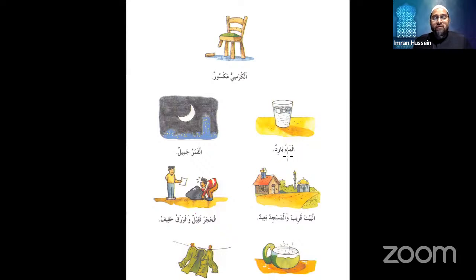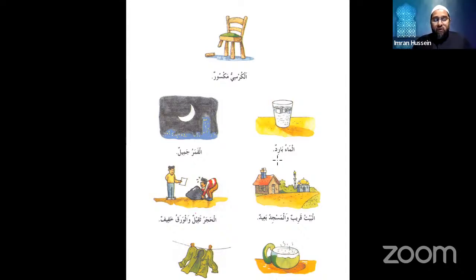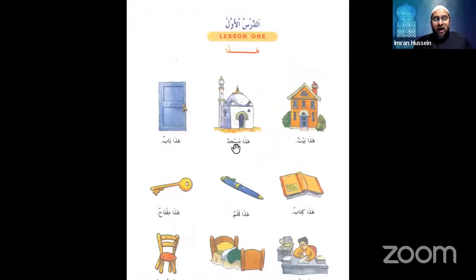Whenever you have the copula between two words, the first is the subject and the second is the predicate. So mubtada and khabar. Always the subject comes with alif lam and the khabar comes without alif lam. So this is the ruling. Then in the first lesson we did hadha masjidun.